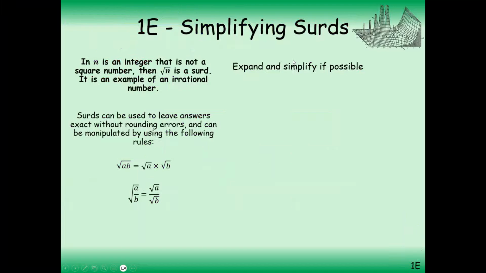Alright, let's look at where you would use these rules. For example, this bracket here, you write this like 5 root 2 minus root 6. Notice here we're going backwards, from the right to the left. Alright, expanding brackets means doing that.